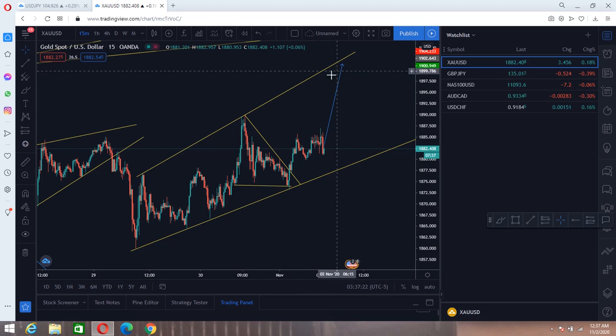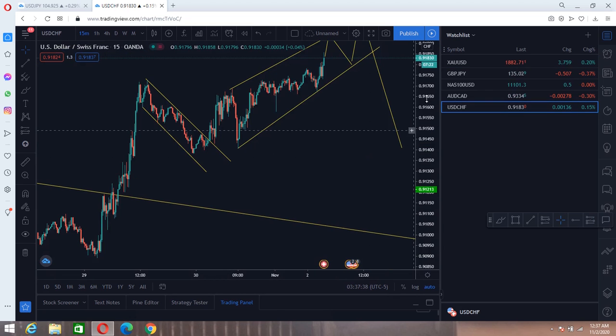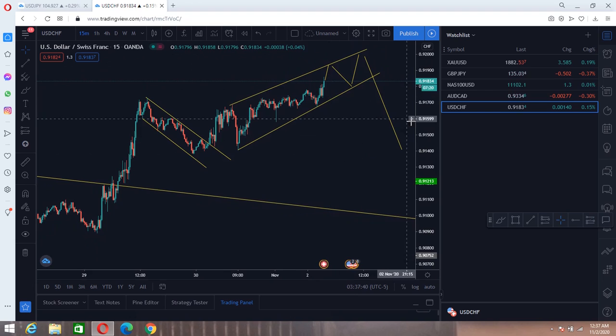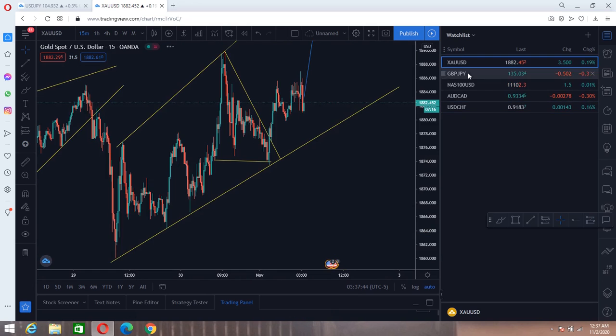But one thing I don't like about entering the same pair is that if one goes wrong, then the other does the same thing. Because I saw that the USD is weak, but as you can see now, it's gaining power. It has power now. Even this one, it's changing now.